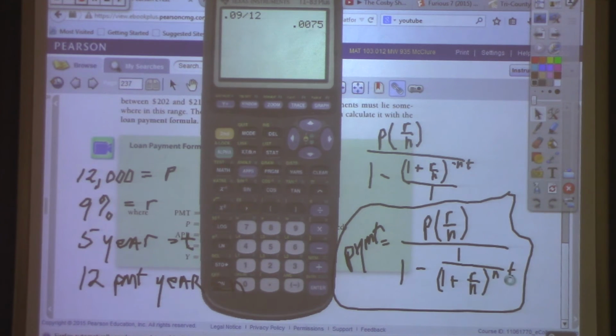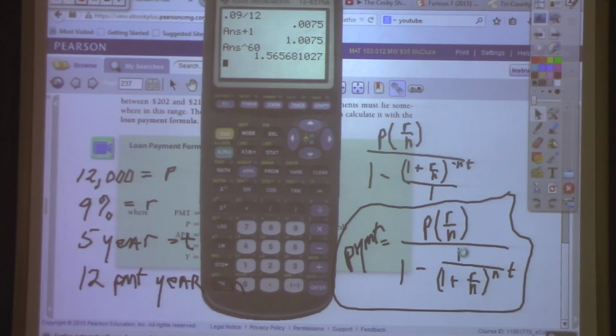We're going to raise that to the NT power, which is 12 times 5, which is 60. Oh, wait a minute, we got to add that to 1, don't we? Yeah. Got to add that to 1 and raise that to the 60th power. And that'll give us that number.